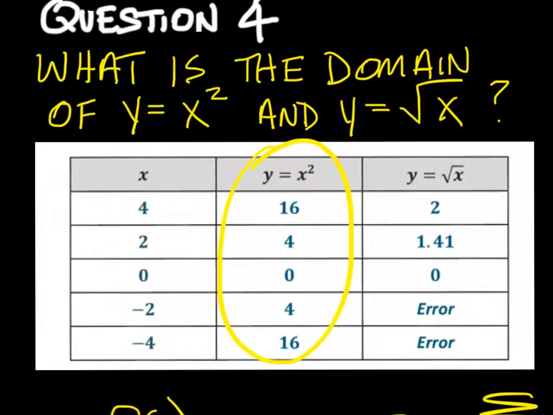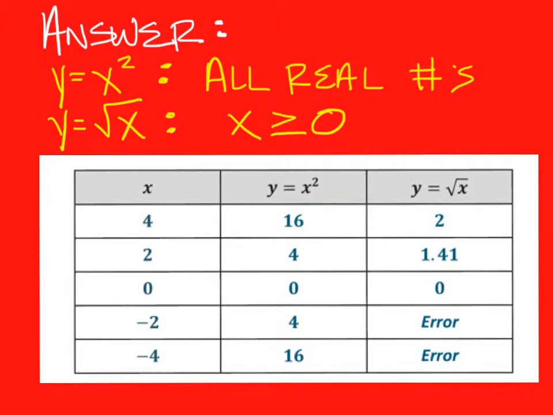There's no limit on the numbers for x that I can put in and square them. Is there any limit for the numbers for x that I can put in and find a square root of those numbers? Is there anything I cannot use? Can't use negatives, that's right. So the domain for y equals x squared is all real numbers.